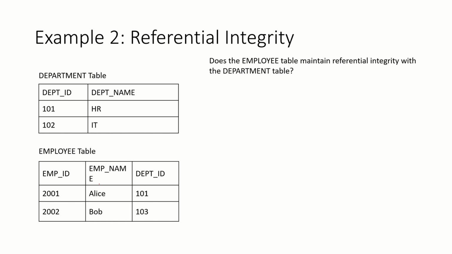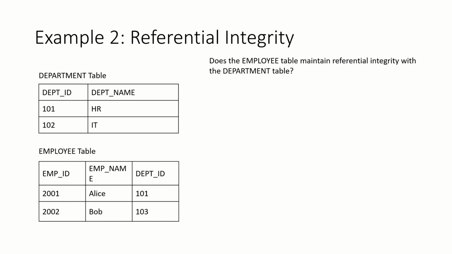This is another example. Can you tell whether this employee table maintains referential integrity with the department table? You can pause the video and think about it. I will give you an answer later.